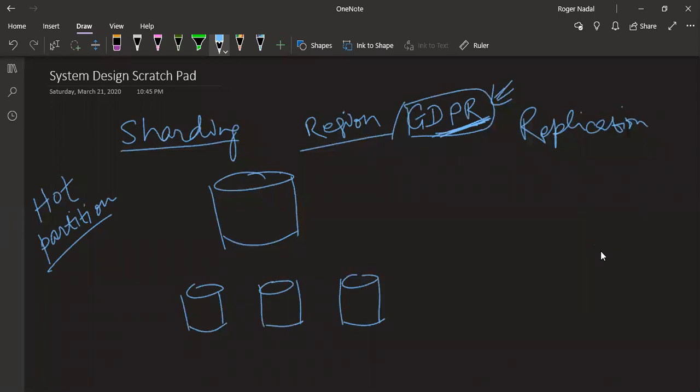Okay, suppose I did that, and we can continue going into that. There was a hot partition, like some tenant has most of the calls, or some customer has too many writes or too many reads going on. So how do we handle that hot partitioning thing?